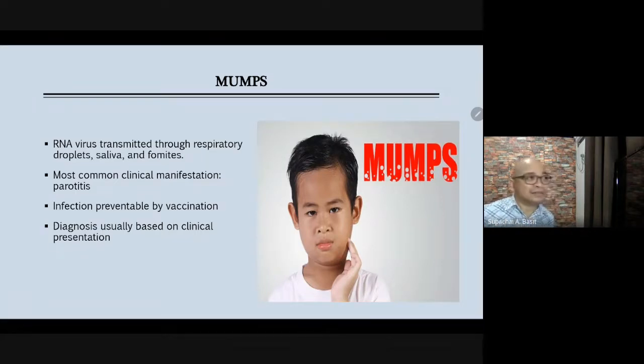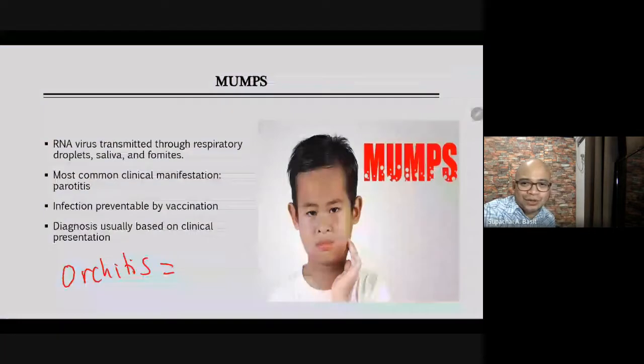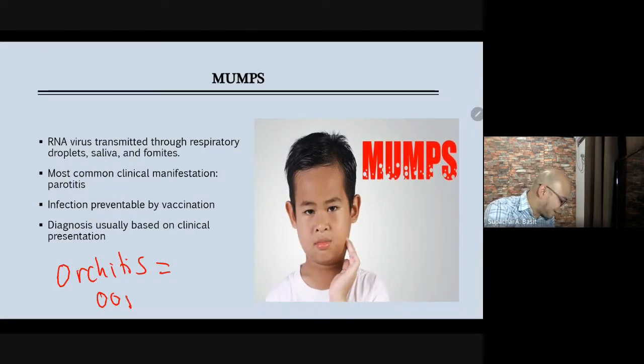Okay. Do you know that you do not want to get mumps when you are an adult already? Because the complication of mumps is orchitis, the inflammation of the testes. And for women, it is oophoritis, inflammation of the ovary.